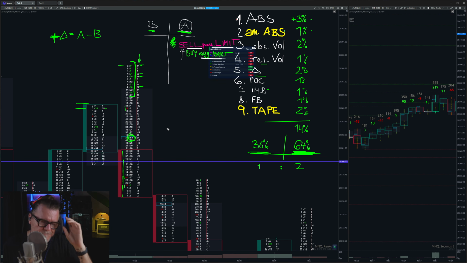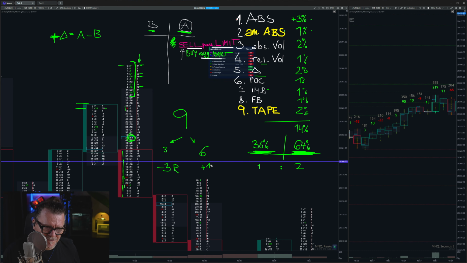So there are 9 trades, so that it makes sense. I make 9 trades. I win 6 trades and I lose 3 trades. So I lose 3 and I win 6. And with a risk to reward ratio of 1 to 2, I will lose minus 3R, but I win plus 12.